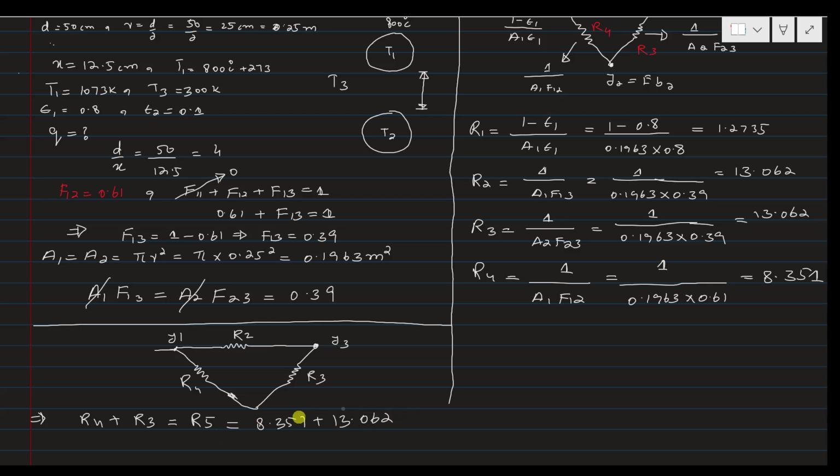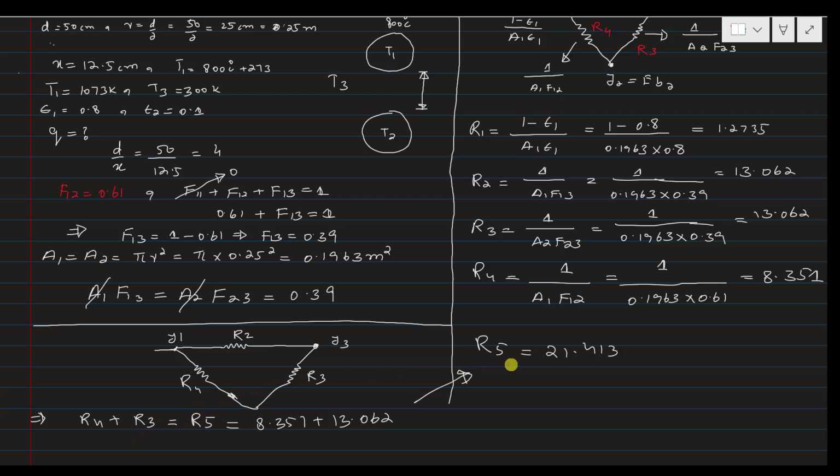After solving, you will get R5 value, that is 21.413. Because these two resistances are in series with each other, that's why we add them.